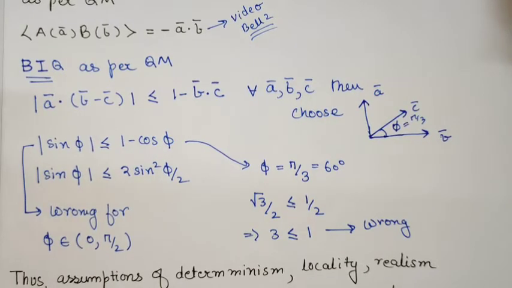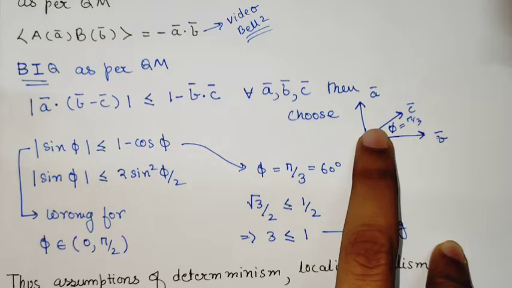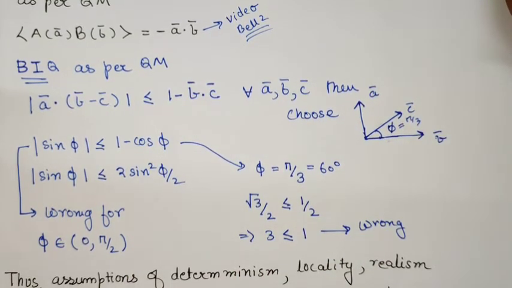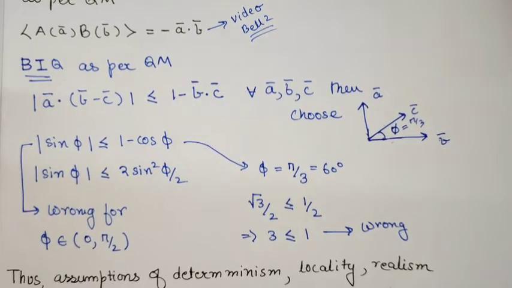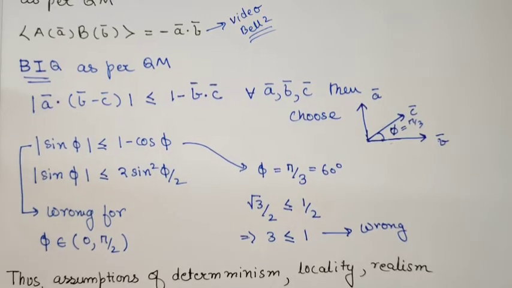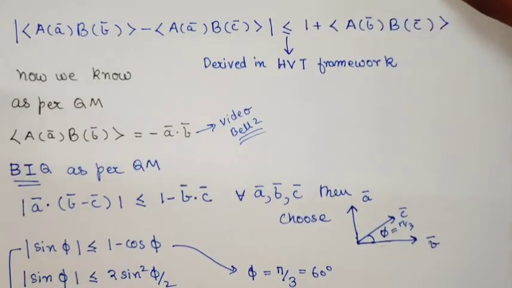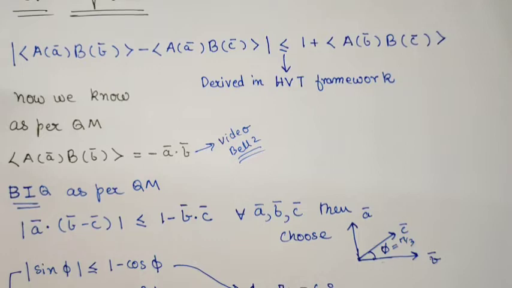In fact, for any combination that lies within the cone, that is the convex combination, this inequality as per quantum mechanics won't hold. So there are infinitely many values for which this inequality won't be satisfied. So now we have turned the philosophical notion of hidden variable theory into a realistic notion that can now be experimentally measured, and such experiments have been performed using electrons, using photons.